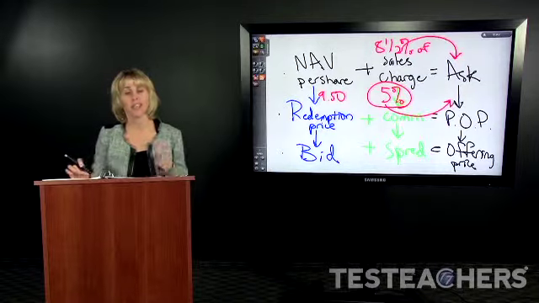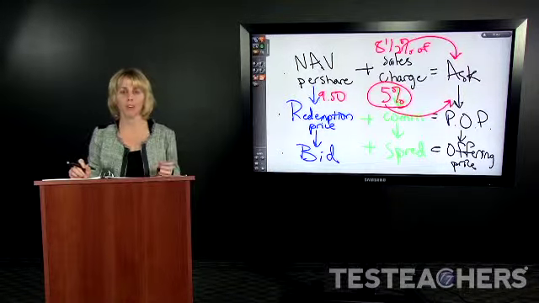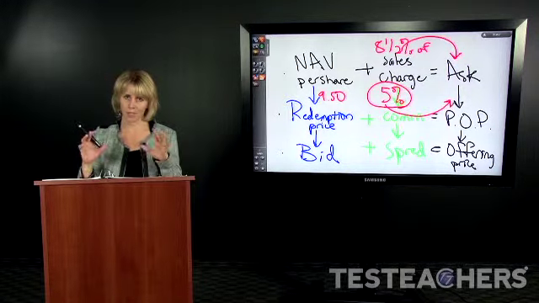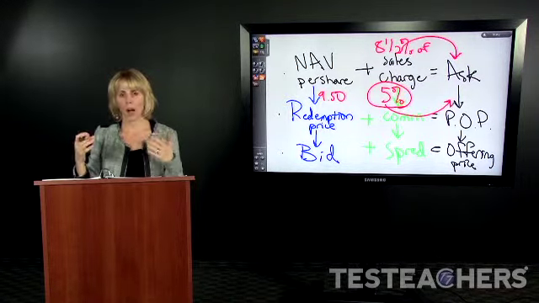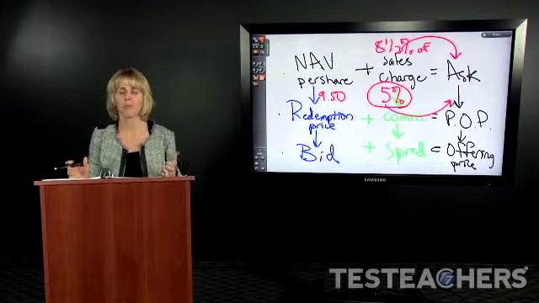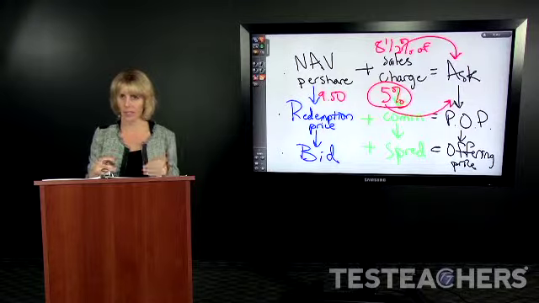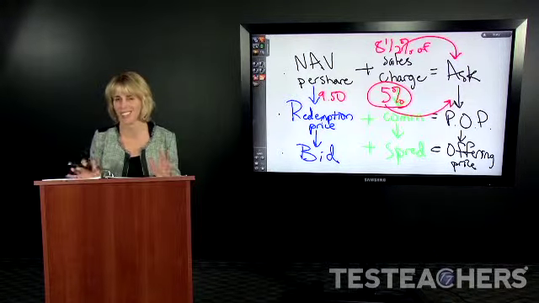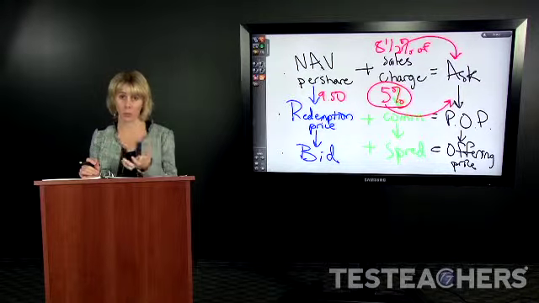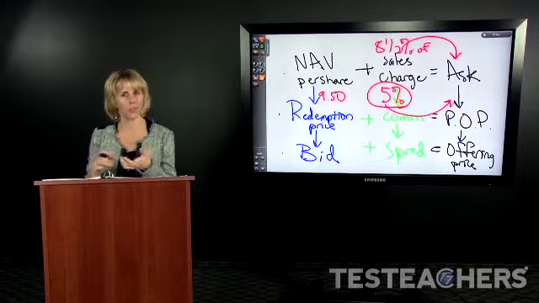You've got to take the $9.50, the NAV per share, and divide it by the complement of the sales charge. So 100% minus 5%, the complement of the sales charge, is 0.95. Use your calculator. I know it sounds really hokey, but just do it. It's funny how many times students, when they actually use a calculator, don't know what they're doing.